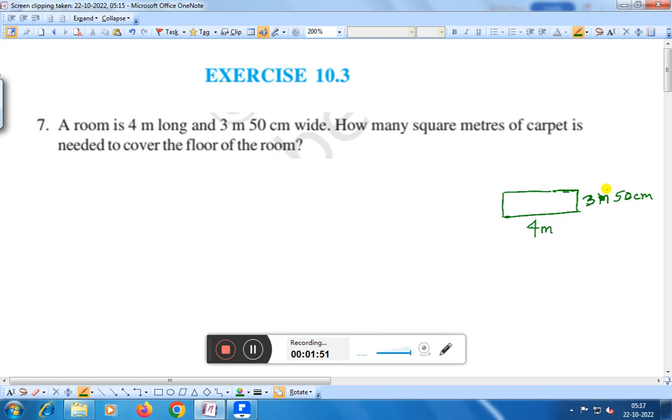How many square meters of carpet is needed to cover the floor of the room? Length is 4 meter, breadth is 3 meter 50 centimeter.